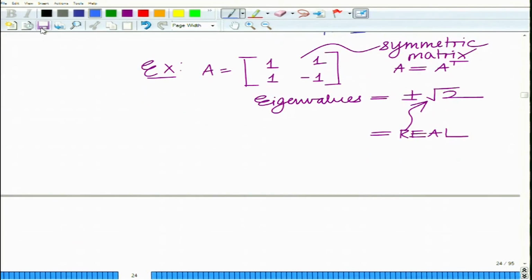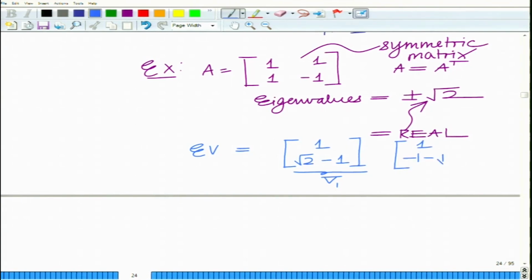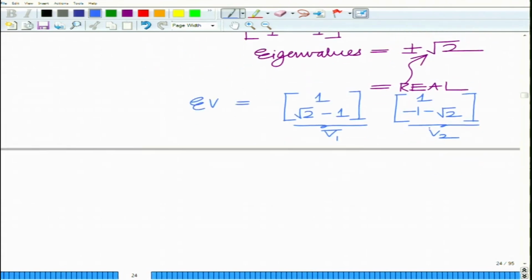Now let us look at the eigenvectors, and we will show that they are orthogonal. The eigenvectors are 1, root 2 minus 1, let us call this V1 bar, and the other eigenvector is 1, minus 1 minus root 2, V2 bar. Since these vectors are real, you can simply take the transpose, because transpose or Hermitian gives the same thing for real vectors.